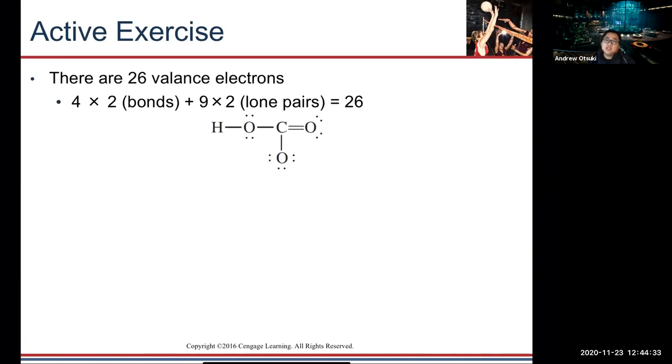This idea right here is very tricky to understand because it's the first time we're going to talk about forming double bonds. You can form double bonds between carbon and oxygen as long as it doesn't violate the octet rule. And we see here that for carbon we have 2, 4, and the double bond counts as 4 electrons, so that's 8.